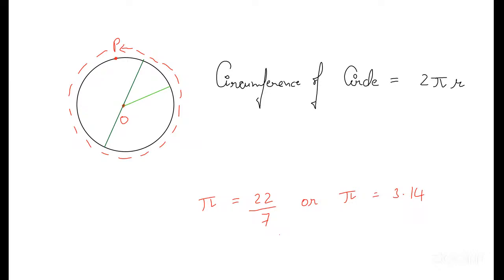This is the value of pi we take and then we multiply it with the radius to find out the circumference of a circle. This is also known as the perimeter of a circle. Any doubt in this?